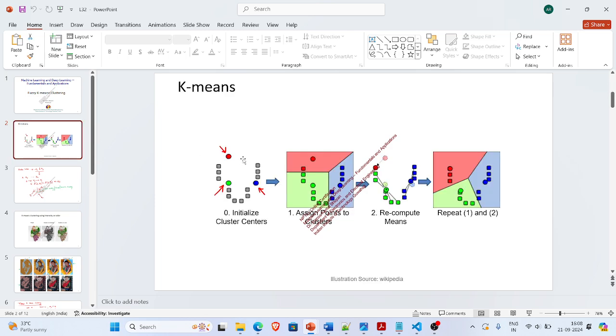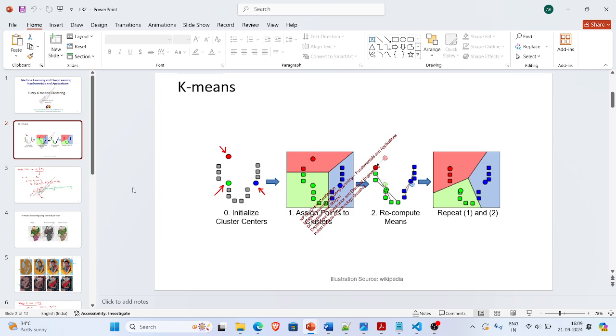So recalling, k-means is like this. First you initialize the cluster centers, and then assign points to the clusters which have minimum distance with the cluster center, and you recompute the mean, and using that decide the next cluster center, and repeat this process until there is convergence.